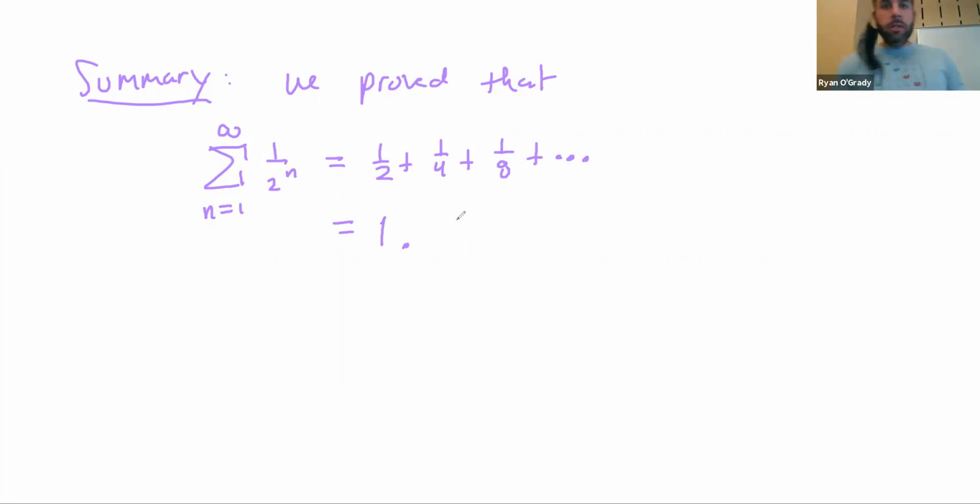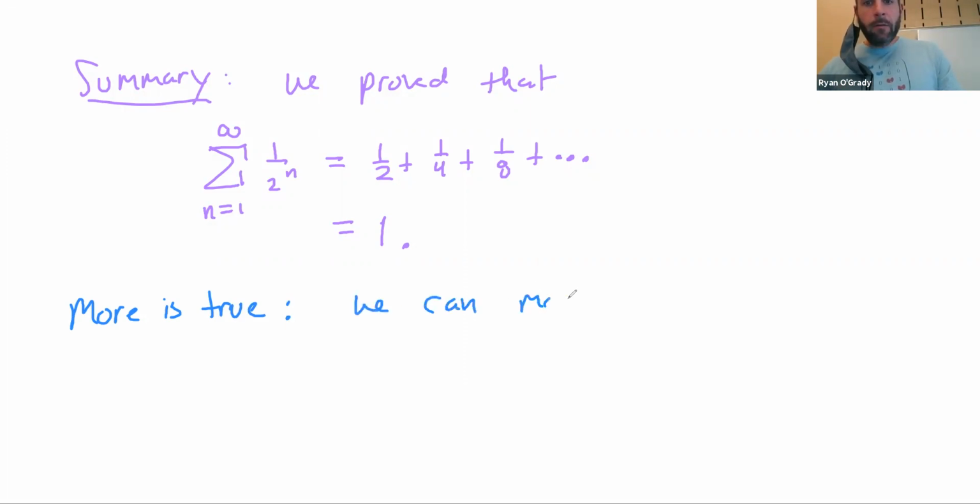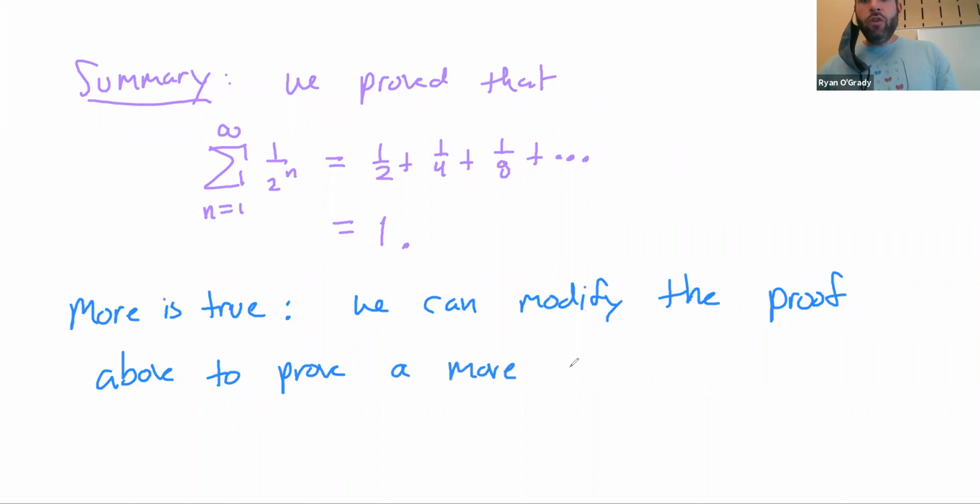Now, more is actually true. I'm not going to go through it, but I would highly, and I mean highly recommend you try to do it on your own. So we can modify the proof above to prove a more general result.